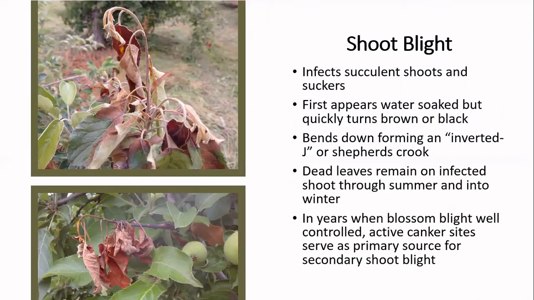So it can make determining where shoot infection is rather easy through dormant pruning, when you can see these leaves still remaining on the tree. As I said, it can be spread through blossom blight, but it can also happen individually, in shoots coming from active cankers.